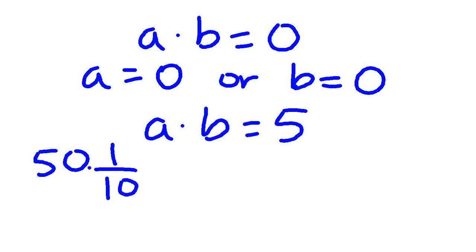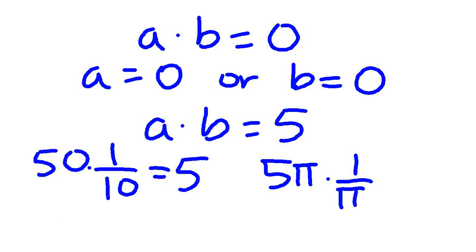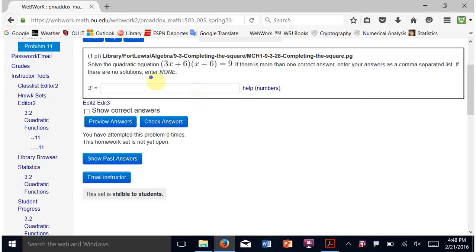So you have 50 times 1/10, that would be 5. You could even have irrational numbers, such as 5 pi times 1/pi equals 5. So there's an infinite number of possibilities for a and b in this case, and in any case when you have a real number other than 0. But 0 helps to narrow down our possibilities.